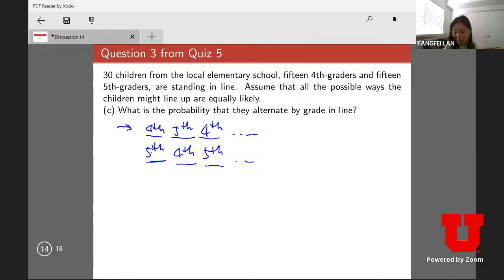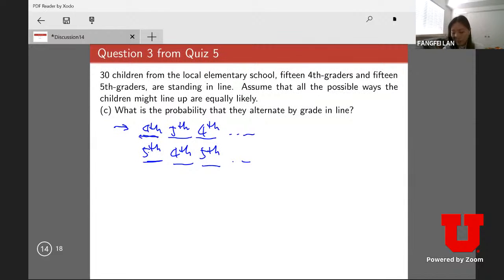It's still the same thing, right? We have 15 spots for fourth graders. They can permute within themselves. The fourth graders are here, and then the fifth graders are here, right? So we always have 15 spots for fourth graders. We have 15 spots for fifth graders as well. They can permute within themselves. They just cannot permute into the other set.